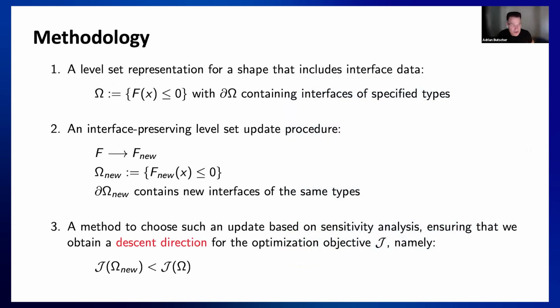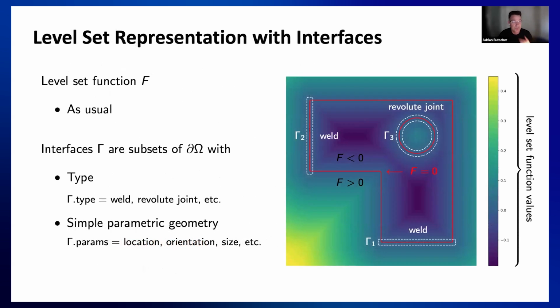Let me now turn to these 3 ingredients one after another and explain them in a tiny bit more detail. Let's start with the representation. This is nothing very special. The level set function f will be as usual. It simply encodes the boundary of the shape, and whatever is interior to the shape, f is negative. Whatever is exterior to the shape, f is positive. But we will also maintain, in a data structure fashion, the fact that certain subsets of the boundary are tagged with an interface type.